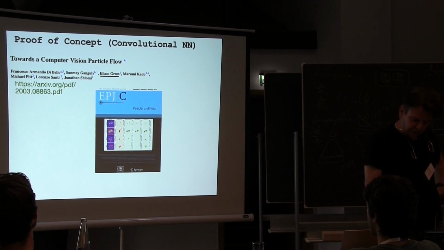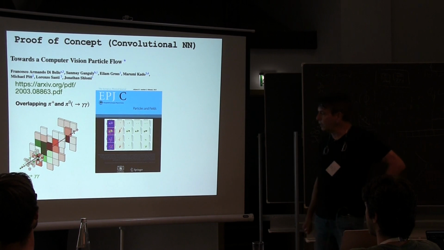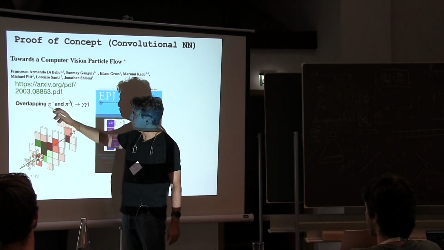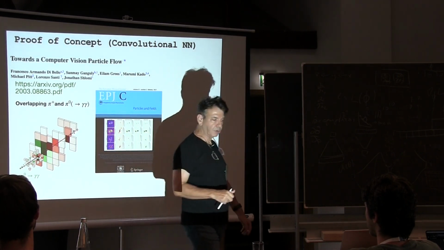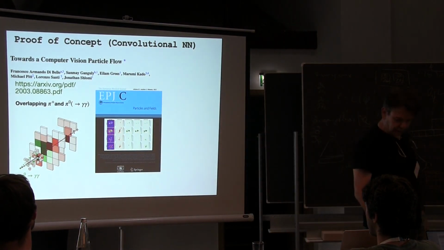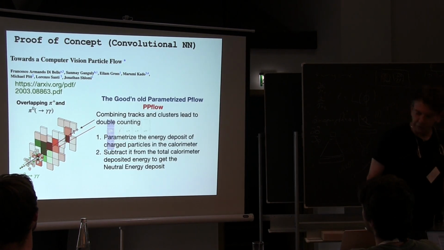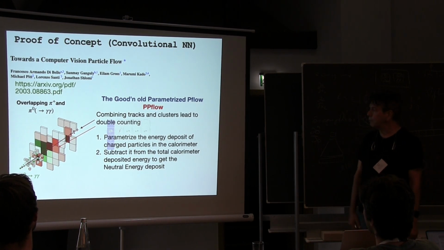What is this figure that you see here? I will tell you in a second. So in this paper, we shot overlapping pi plus and pi 0 that went into gamma gamma, and we tried to build a convolutional network-based machine learning algorithm to tell the pi 0 from the pi plus.